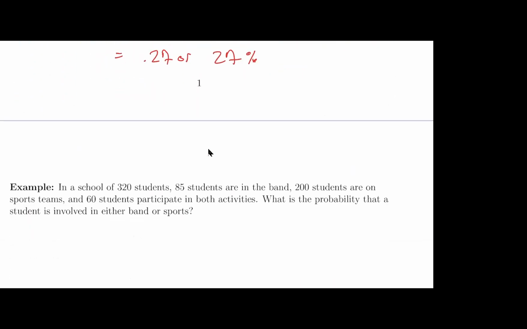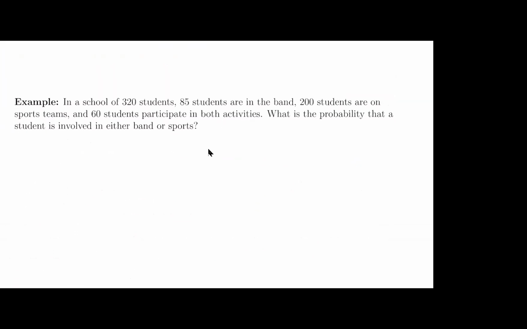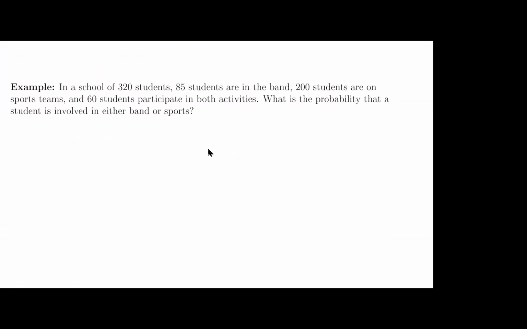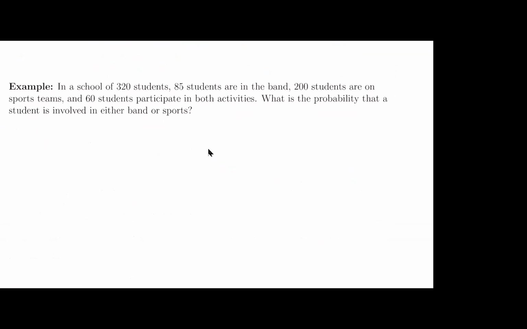All right, so what I want you to do is the same thing, but now for this second problem. There should be two events. I want you to find the probability they're in band, the probability they play sports, and the probability that they participate in band and sports.